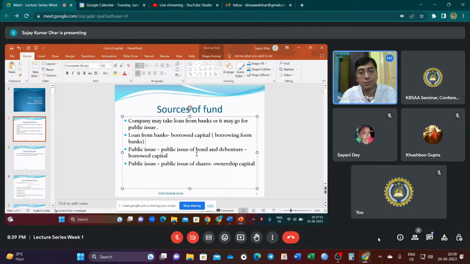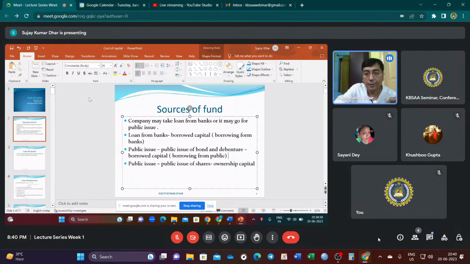When company is going for public issue of bond and debenture, company is borrowing from public. So in both cases it is borrowed capital. And when company is raising shares, it is ownership capital. So company can raise fund either via debt or via equity. Debt means borrowed capital. Equity means ownership capital.